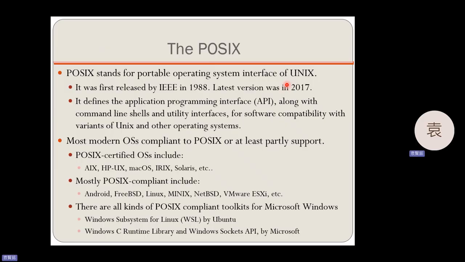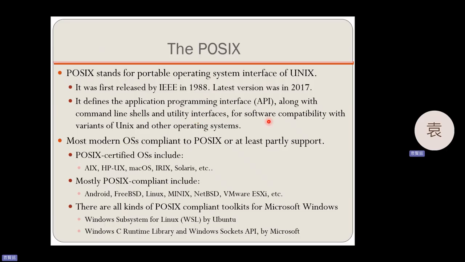The first release was in 1988, and the latest version is maybe in 2017. We call it the Portable Operating System Interface of Unix, abbreviated as POSIX.